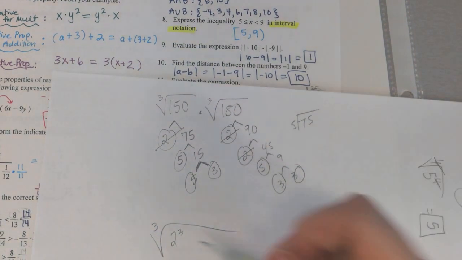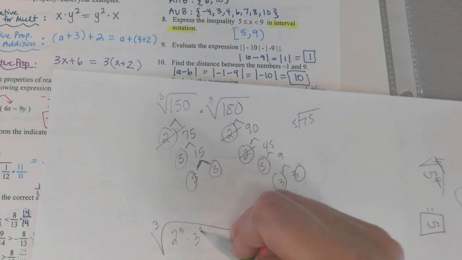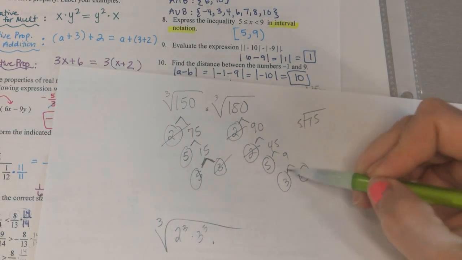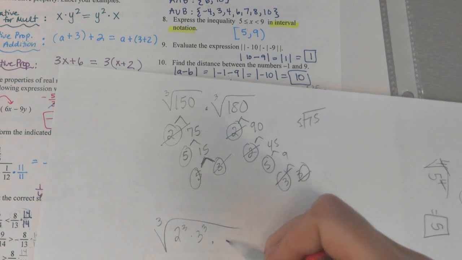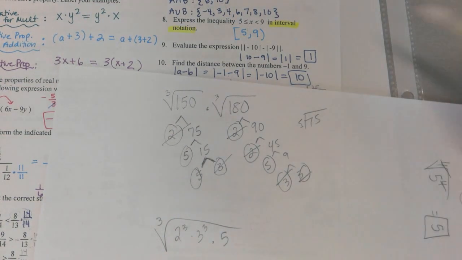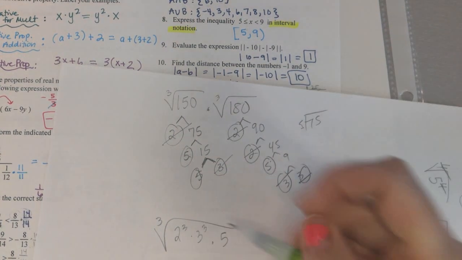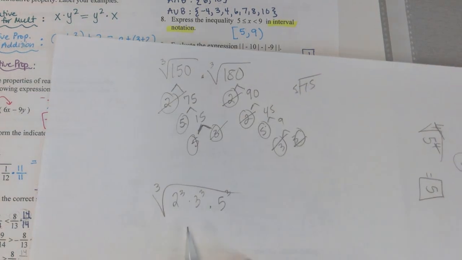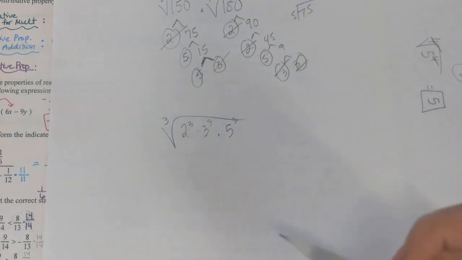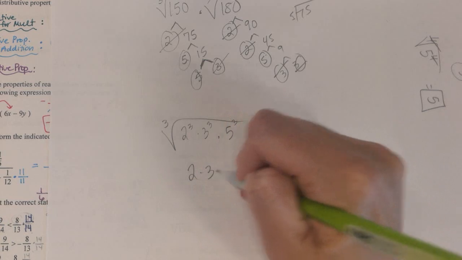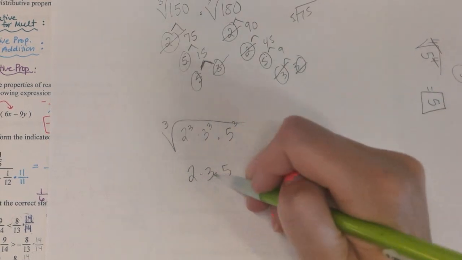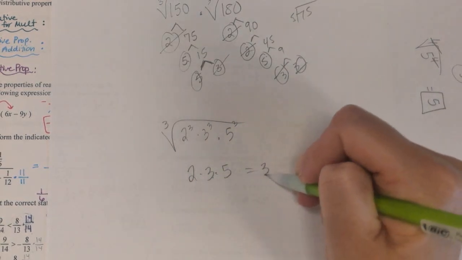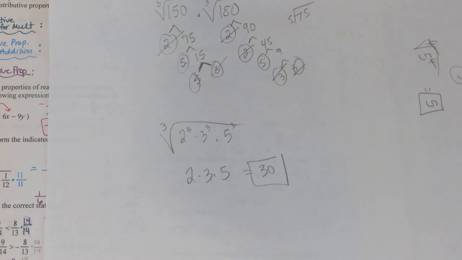How many 3's do I have? 1, 2, 3. How many 5's do I have? 1, 2, 3. So what happens is all of these are going to cancel out. You're left with 2 times 3 times 5. So 2 times 3 is 6, 6 times 5 is 30. That's how you can get it without your calculator.